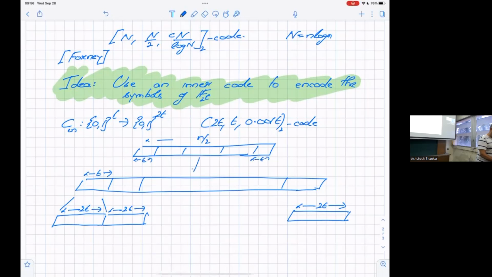We applied the Reed-Solomon encoding to get an n long thing, each of T bits long. That's the first step. These are actually symbols of the large alphabet, but we viewed each as a T-bit string, and then use the small alphabet. So right now here we are now doing the C_in.